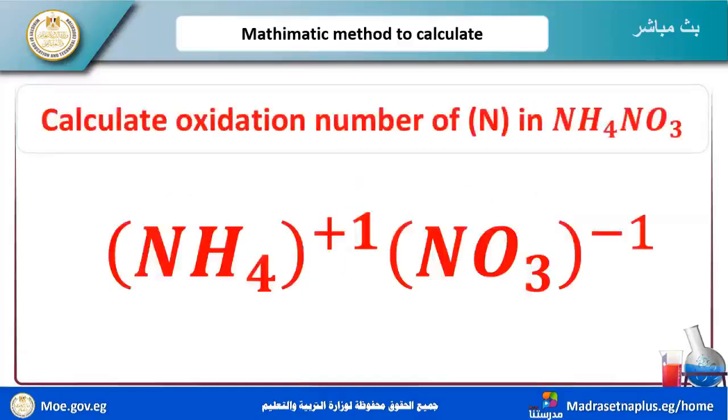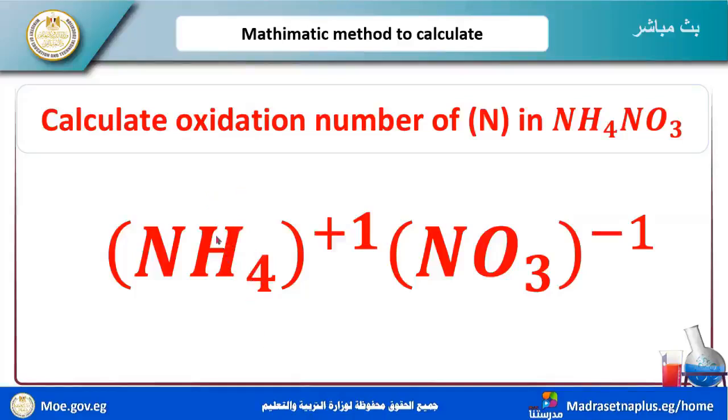For NH4NO3, we want to know nitrogen. We have two polyatomic groups, ammonium and nitrate. Separate between them: NH4 is plus 1, NO3 is negative 1. Here, hydrogen is positive 1 times 4, so we have positive 4.